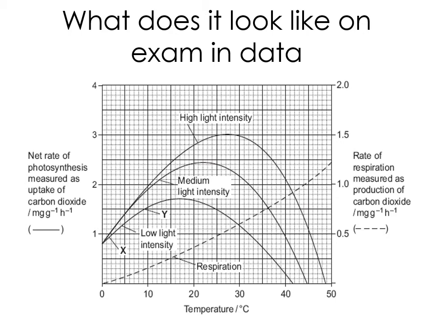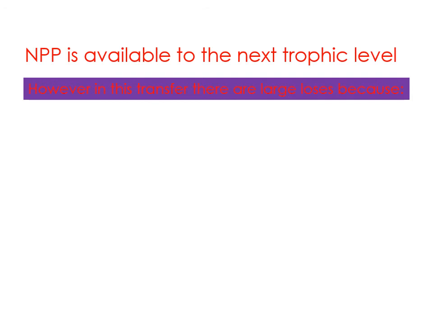So it's application of the formula, not just knowing the formula or the equation. We have our net primary production, which is available to the next trophic level, so that's our herbivore.